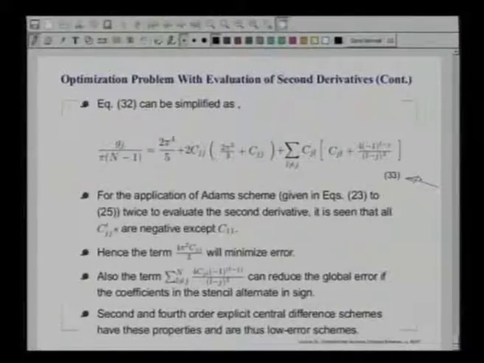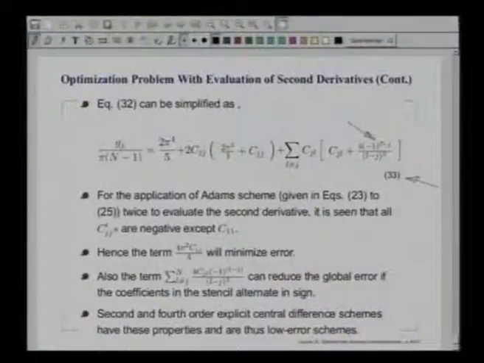We need to find out which are the quantities that can reduce global error. This could be one, because that could flip signs, right, minus 1 to the power L minus j. So, that can do that, and of course, we can try to keep the sign of the C j diagonal term, that will tell you.